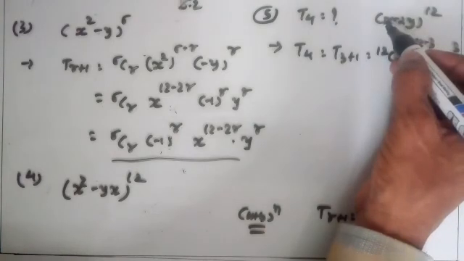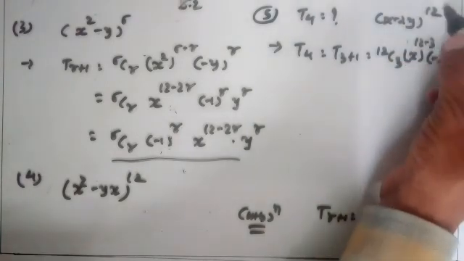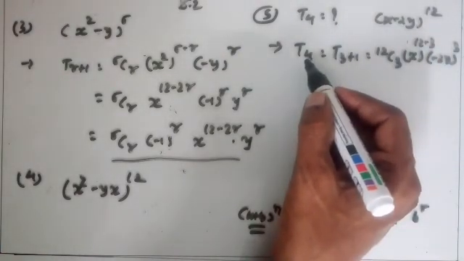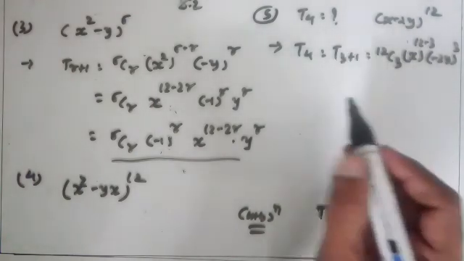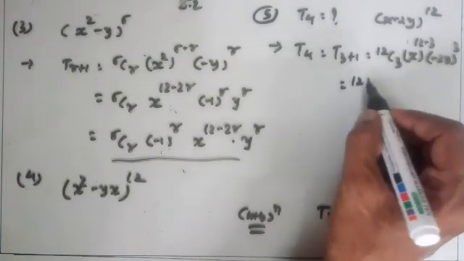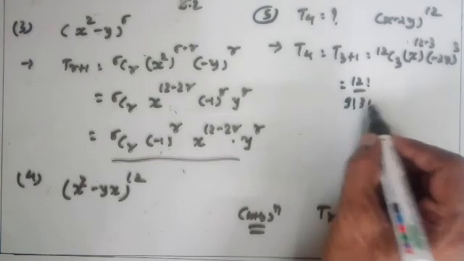Here a is equal to x, b is equal to minus 2y and n is equal to 12. So find the 4th term. For T4, change into r plus 1 form, that is 3 plus 1. So T4 is equal to 12C3, that is 12 factorial upon 12 minus 3, that is 9 factorial into 3 factorial.